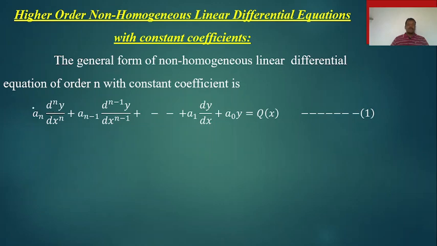That is equation number 1. Here a_n is not equal to 0 because it is nth order. So a_(n-1), ..., a_1, a_0 are constants, and Q(x) is a function of x.